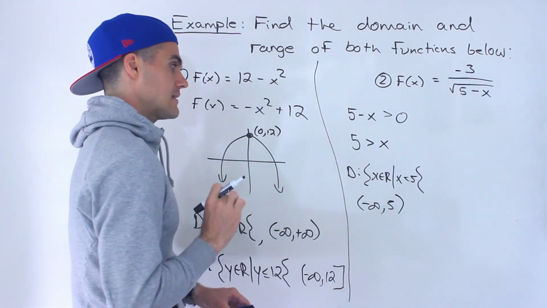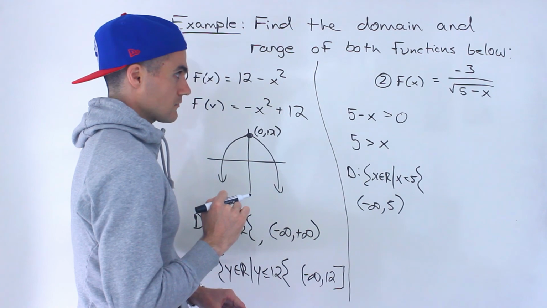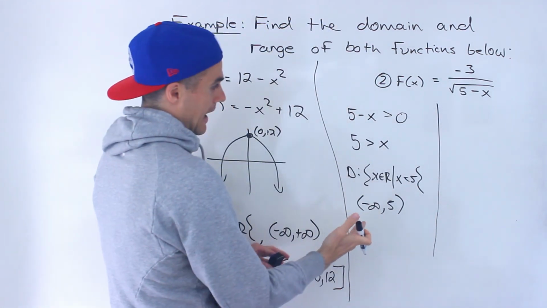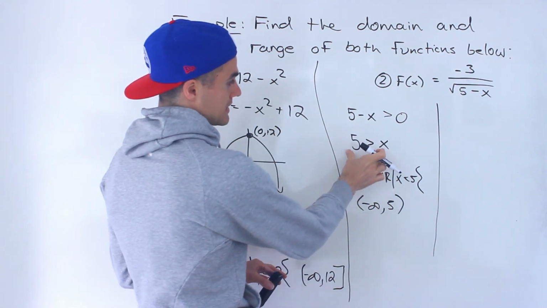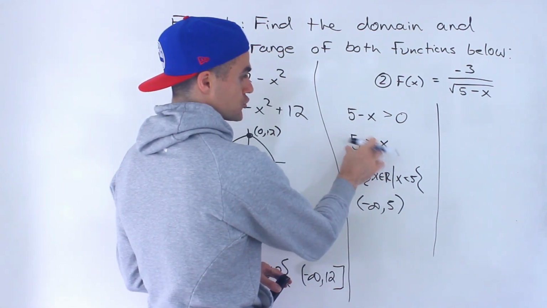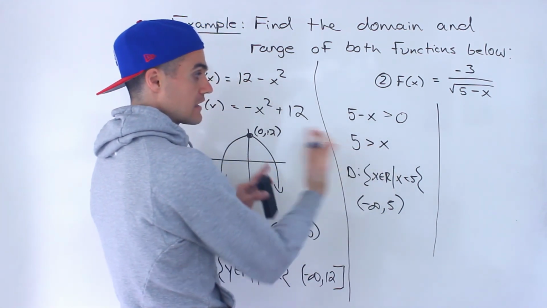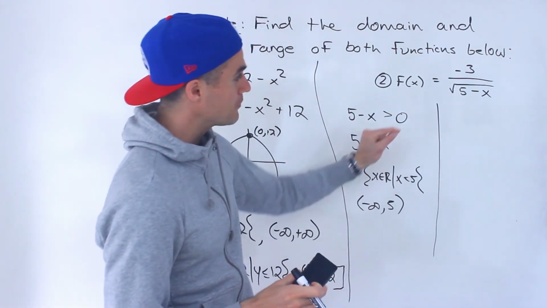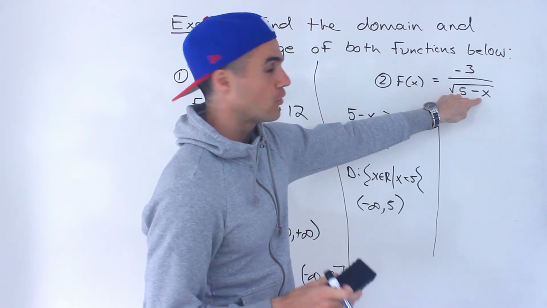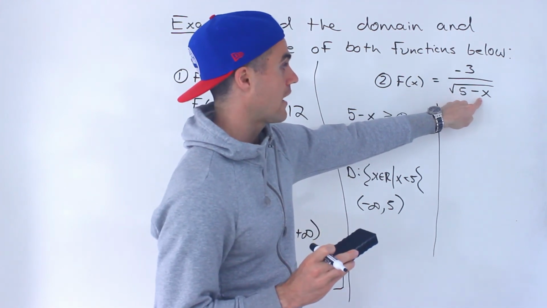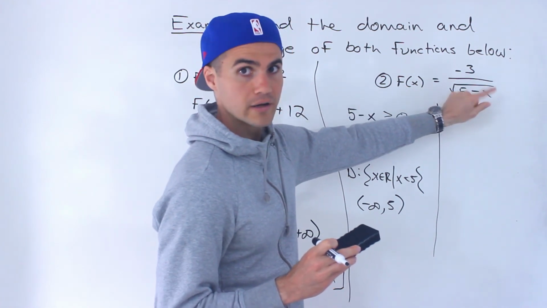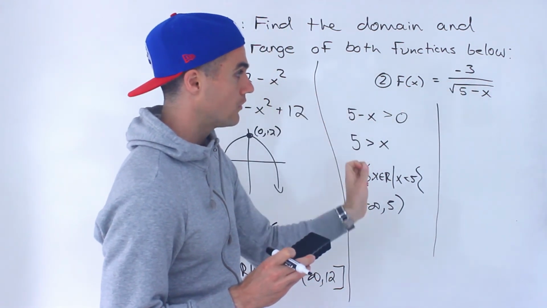Now the range is a little bit tougher. First we have to check what happens as we approach 5 from the left side, because all the x values have to be less than 5. What would happen if we plug in, let's say, 4.99999 for x? We would have 5 minus 4.99999, which gives a very small number.